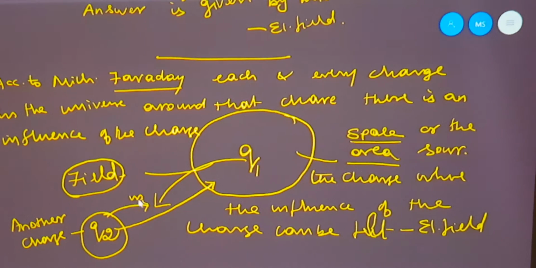These two charges interact and give rise to the electrical force. So when another charge is brought nearer to the first charge, or within its area of influence or field, it interacts.